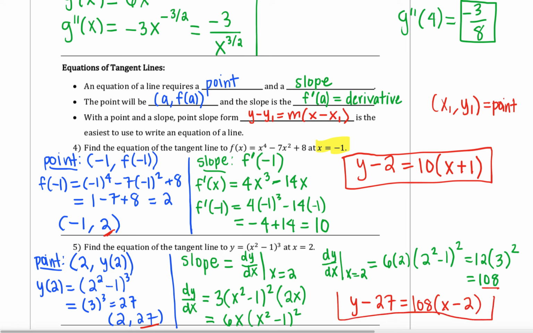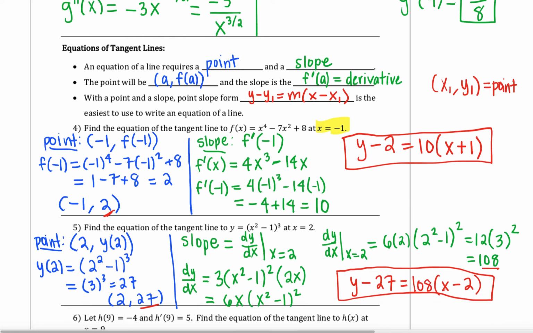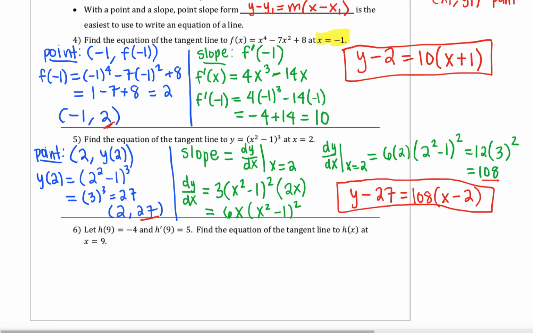And that would be our equation of our tangent line. Again, like I mentioned up above, if we had to get this into slope-intercept form, we could go ahead and distribute the 108 and then add the 27 over and combine some like terms, and then we'd be in slope-intercept form. But if it's a free response problem or if the multiple choice is in point-slope form, we'd be done at this step. Okay, let's look at one more example.